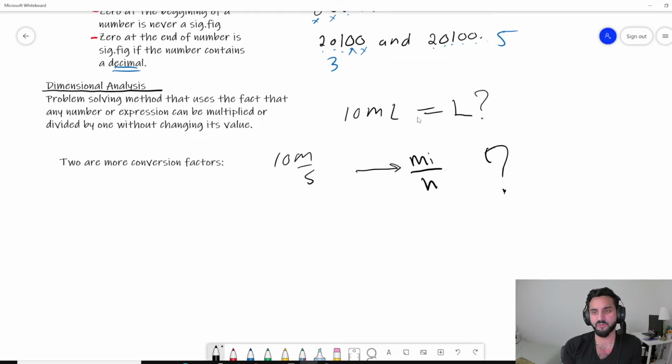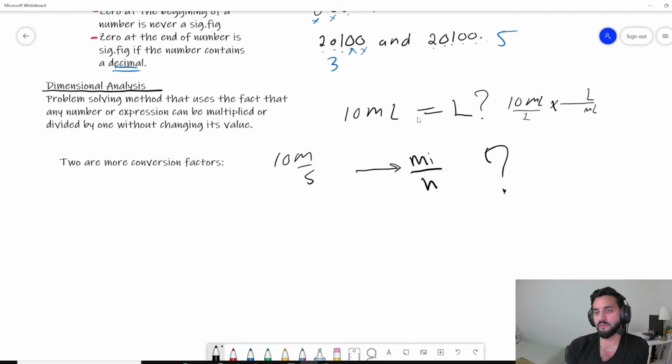Usually you want to start with the number that is given. So this is given, 10 milliliters. And you set your multiplication as a ratio. Here you want to have mL, and here you want to have L. The reason you want mL in the denominator is because the numerator, to make it easier, just put a 1 here so you can see your numbers in the numerator.